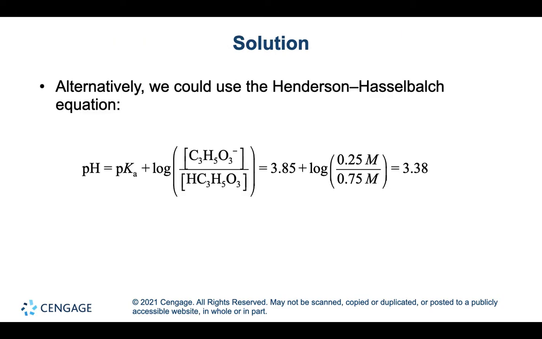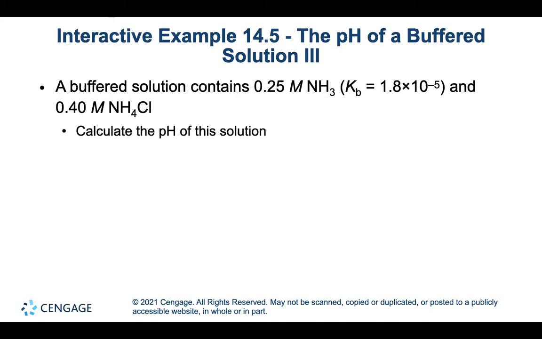Now remember, Henderson-Hasselbalch needs pKa, but we know that Kb times Ka equals 10 to the minus 14. So if the Kb is 1.8 times 10 minus 5, I believe that works out, without having a calculator with me right now, to 5.6 times 10 to the minus 10. And that would be the Ka value.